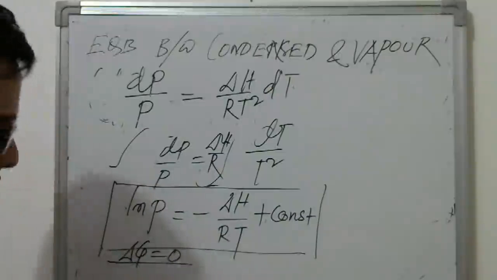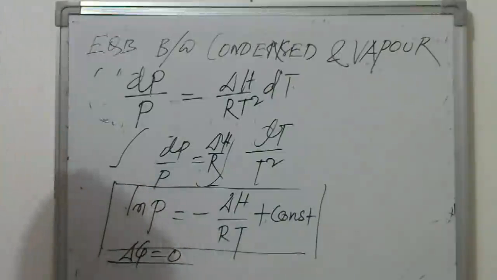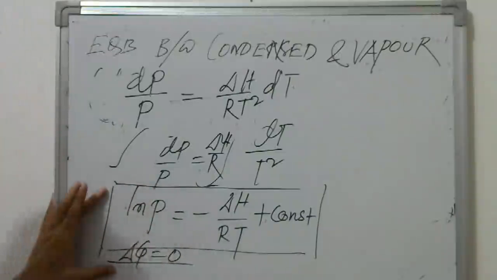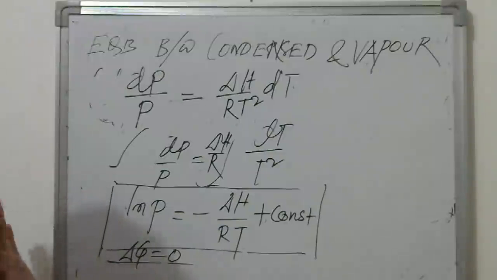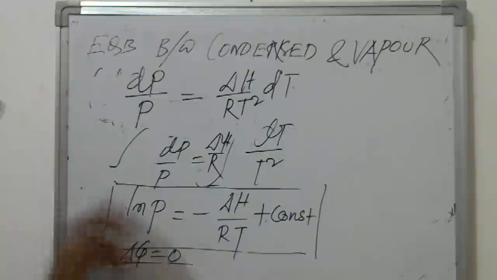Otherwise, your free energy will either be positive or negative, so it is a deviation from equilibrium. This condition gives you ln P equals minus delta H by RT plus constant, the combination of pressure and temperature to establish an equilibrium to make delta G 0. Clear? Pressure and temperature relationship. How pressure and temperature vary to establish an equilibrium. That is what it gives.